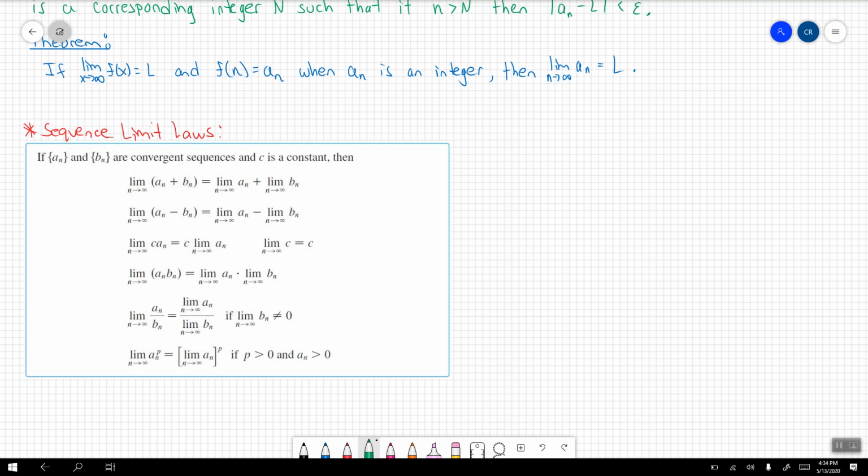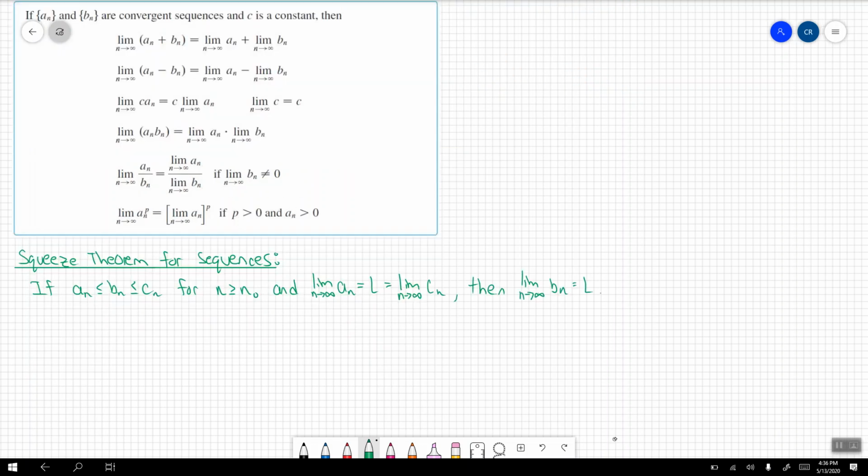Now I want to talk about a few more definitions and a few more theorems before we move on. One of the theorems we'd like to use here is the squeeze theorem for sequences.